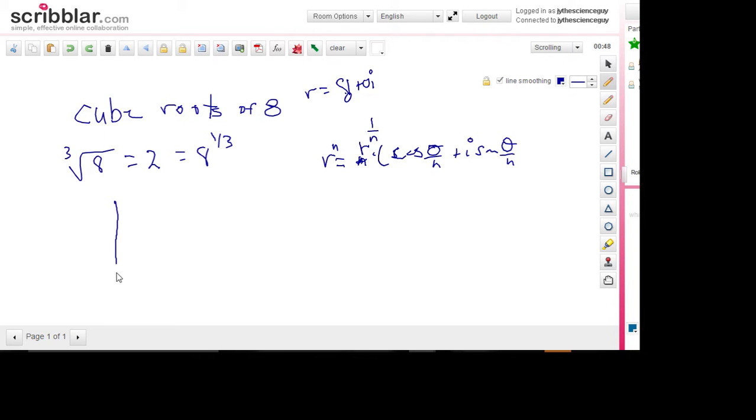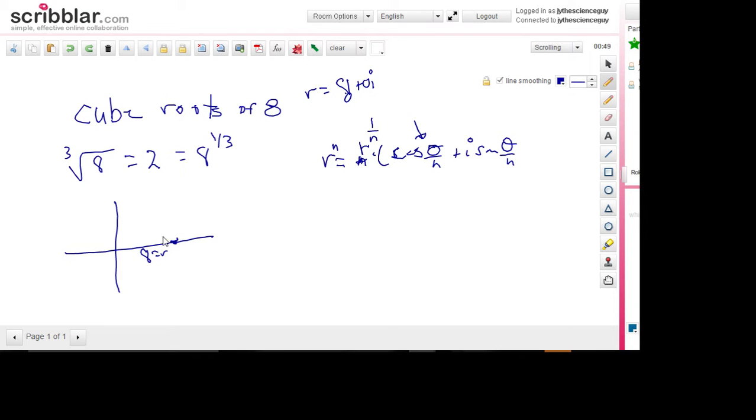So when I look at my original r, it would be graphed like this, where this number is 8. Now I'm going to figure out what my theta is.